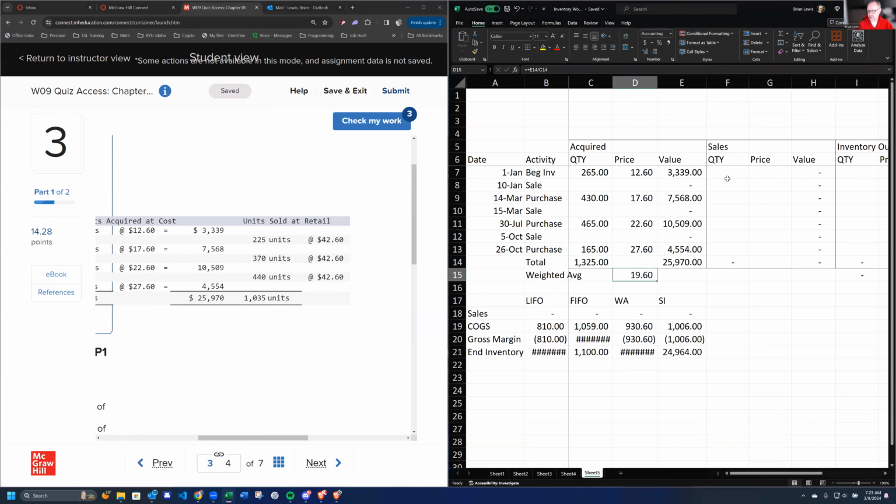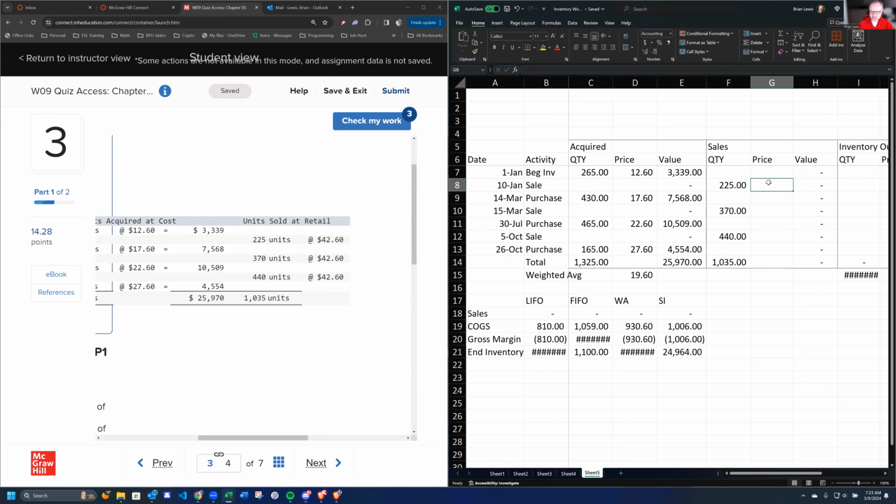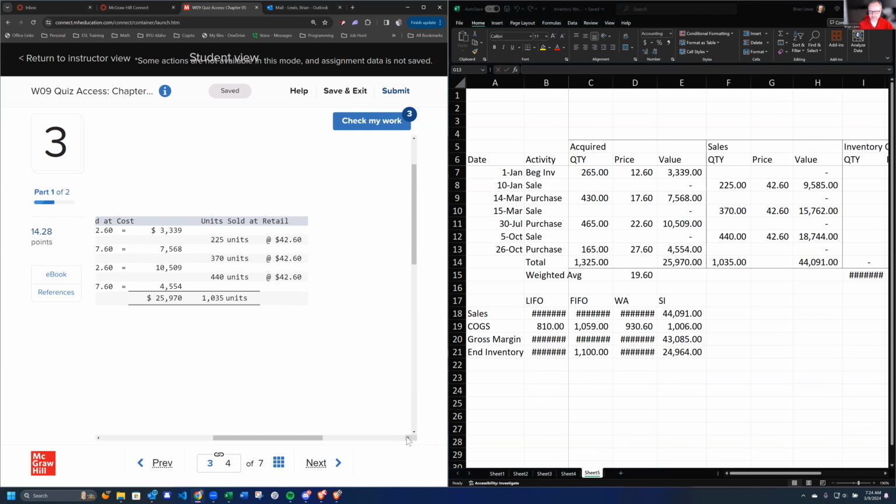We've got quantity 225, 370, 440, for a total of 1,035 units. And the price is 42.60, 42.60, 42.60.